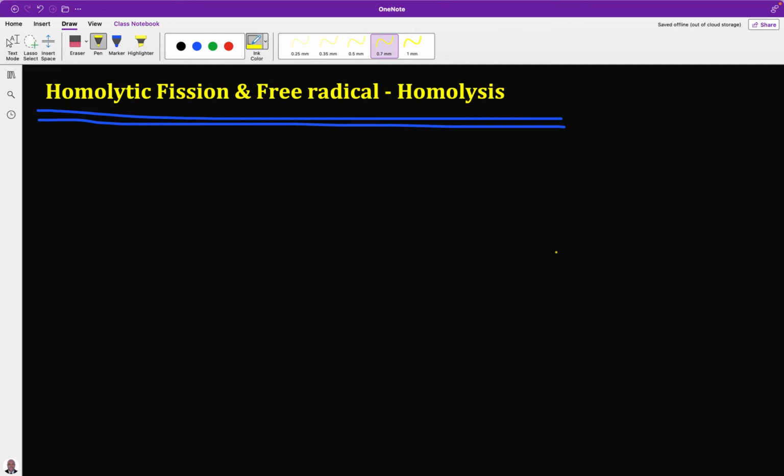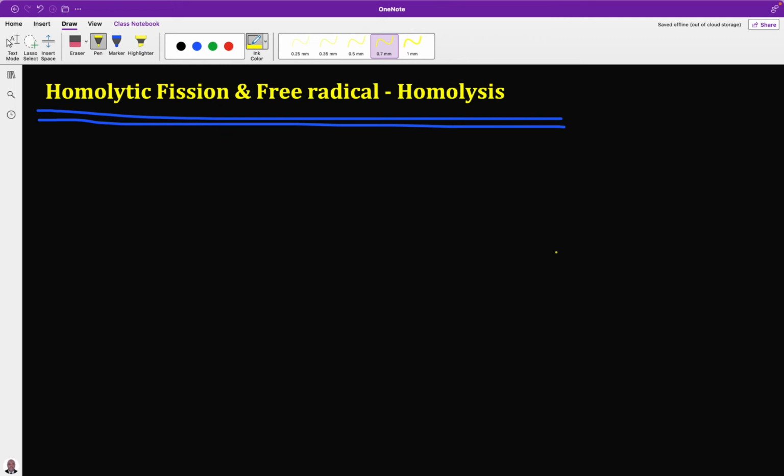During this even breaking of the covalent bond, both atoms in the covalent bond will leave with one electron. It should be remembered that this process requires a lot of energy. Homolytic fission requires a lot of energy.